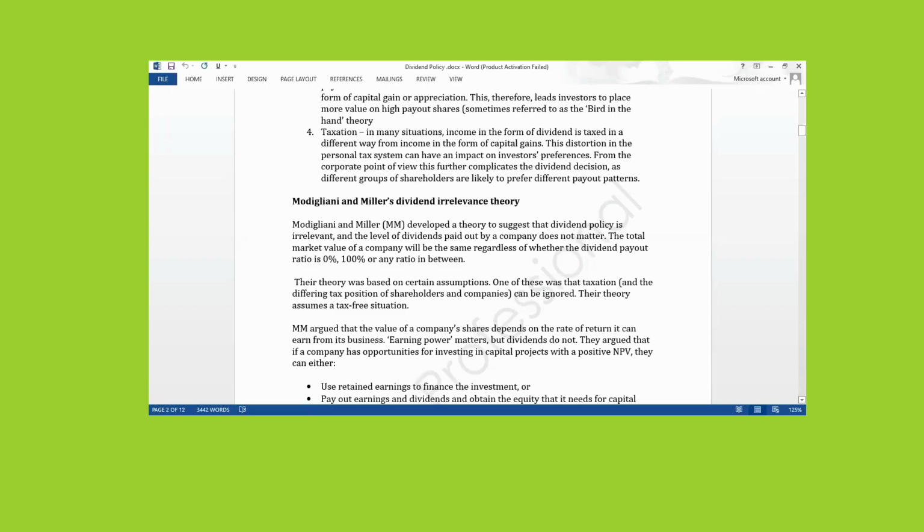Modigliani and Miller argue that if a company has opportunities for investing in capital projects with a positive NPV, the company can decide to use its retained earnings to finance the investment, or it can decide to issue more equity to finance the project.